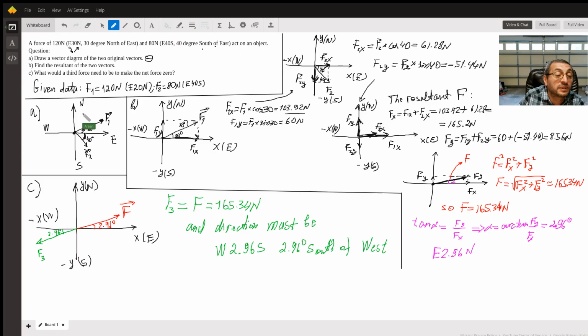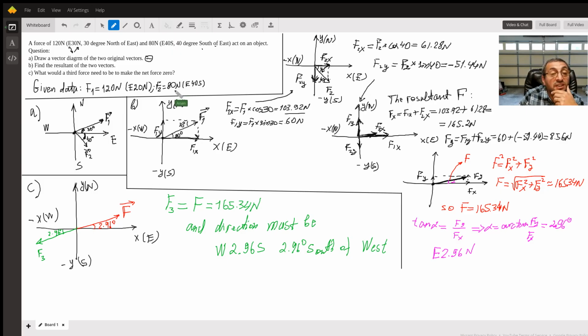So it will start from east going to north 30 degrees, and for the magnitude 120 we just draw a vector of approximately this size. Note that I'm not keeping the scale, which is okay. And then we put a vector sign on the F1 because force is a vector. It means it has direction, and it also has magnitude.